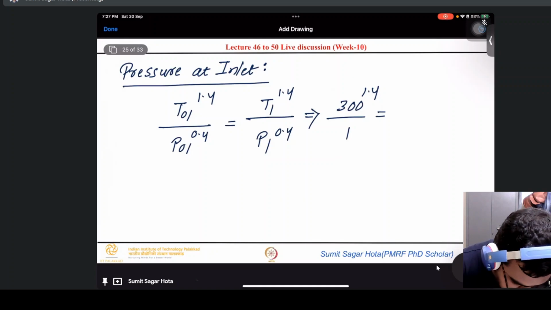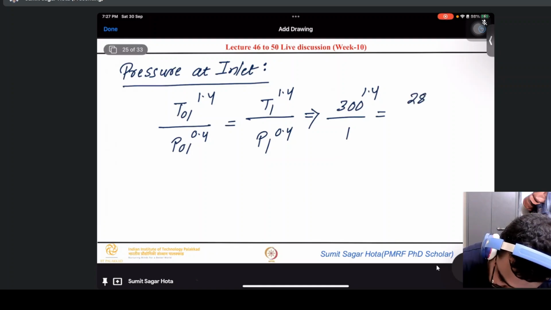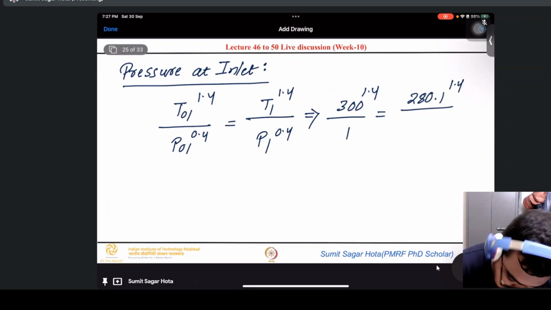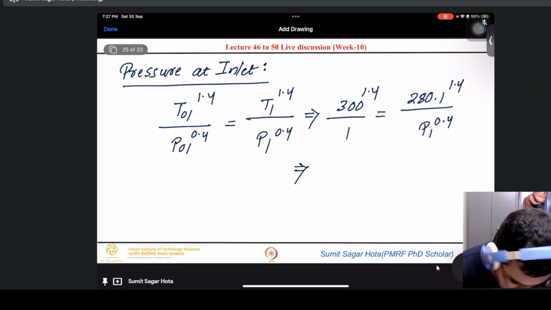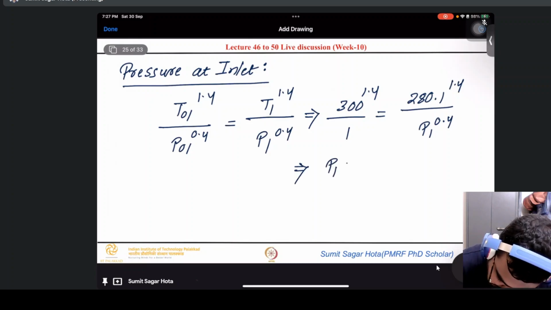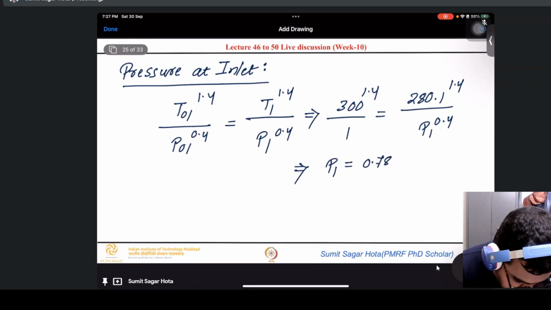So what is T1? 280.1 to the power 1.4, P1 to the power 0.4. If you solve, you get P1 as 0.78645 bar.